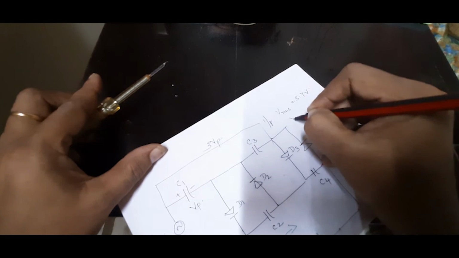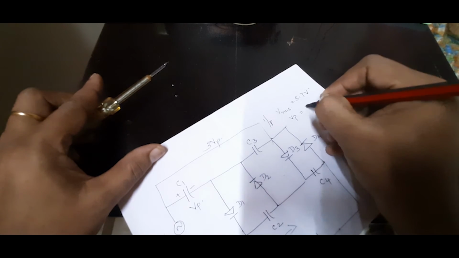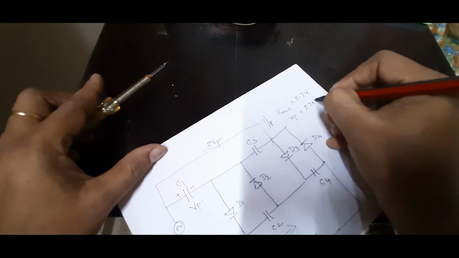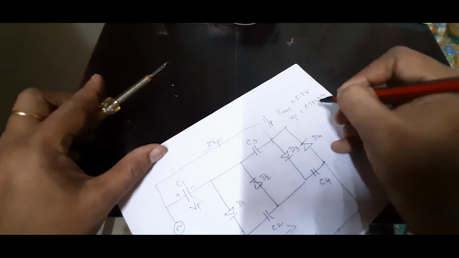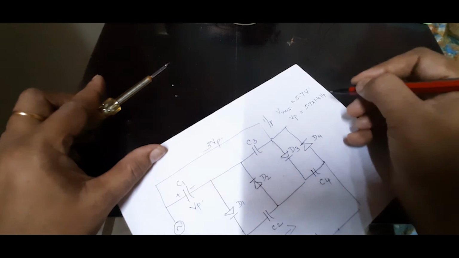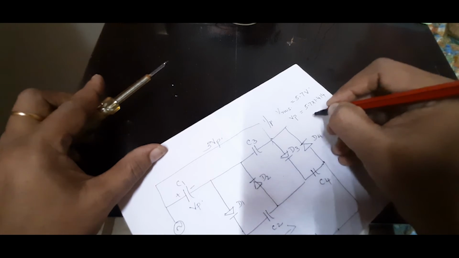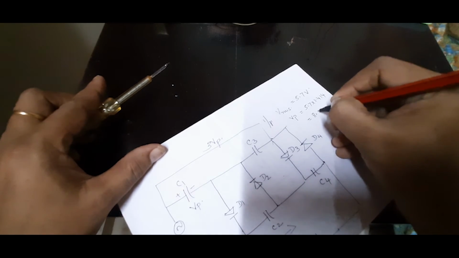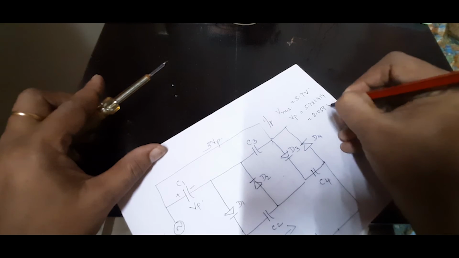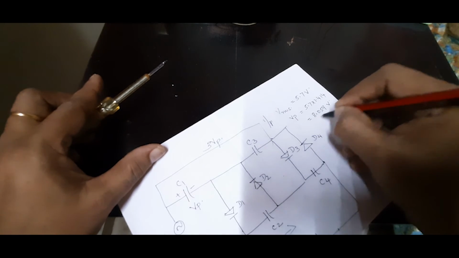So input VP is equal to 5.7 into 1.414. That is root 2. 1.414 is root 2 as you know. So the VP value would be 8.059 volt. Okay. This should be the VP.